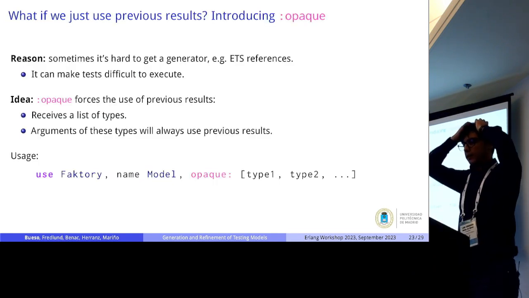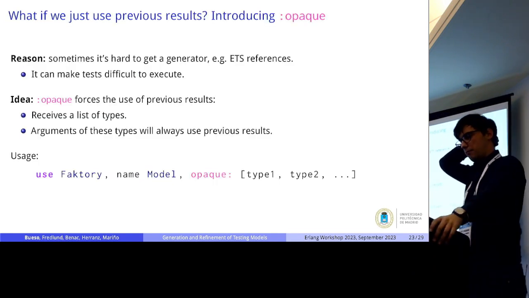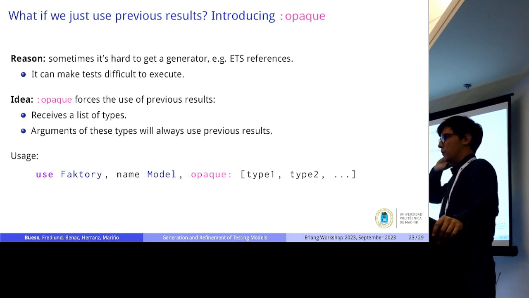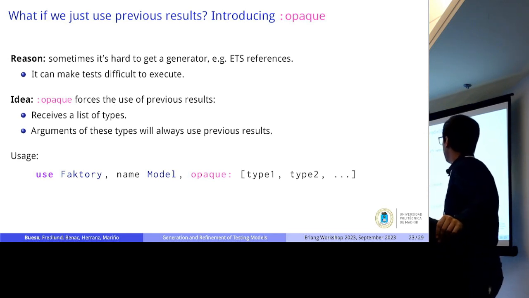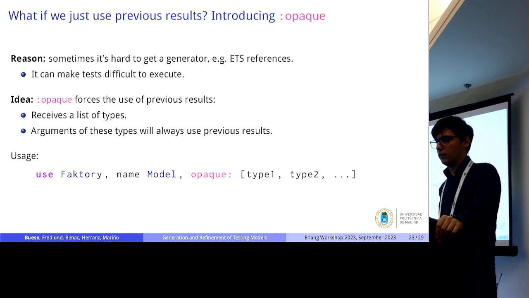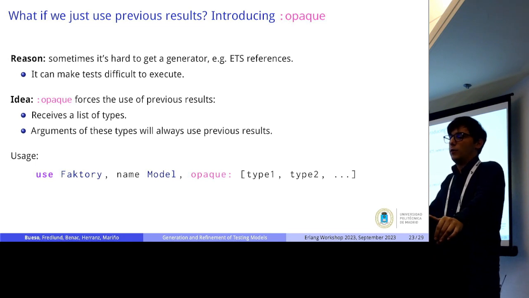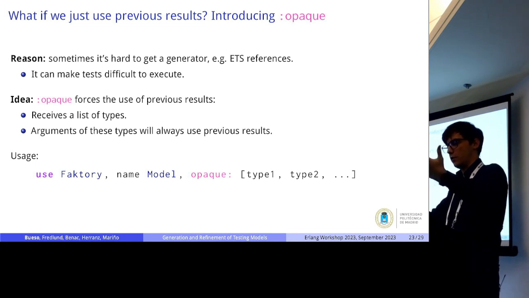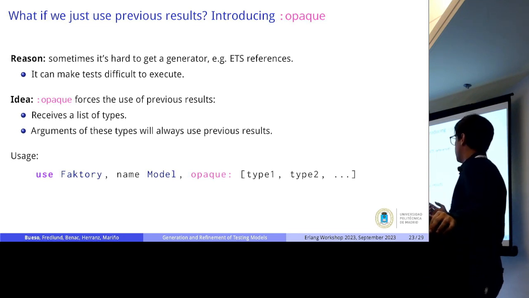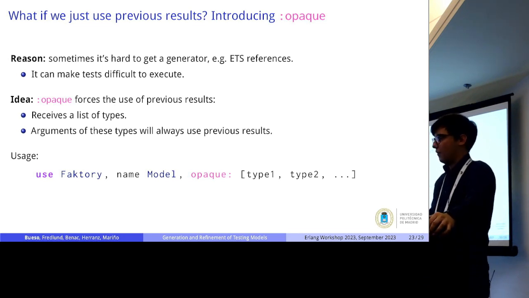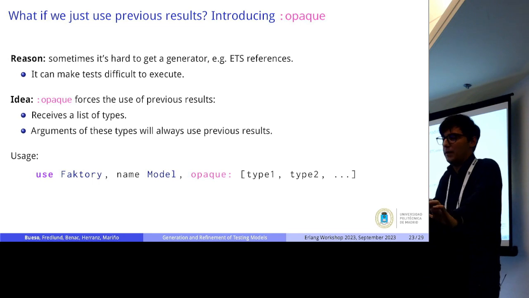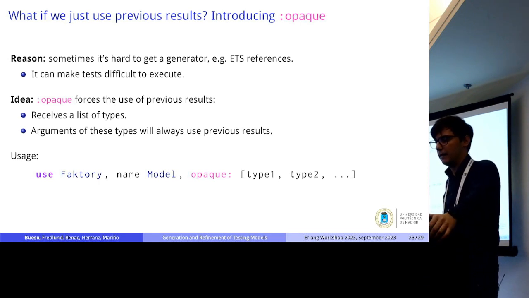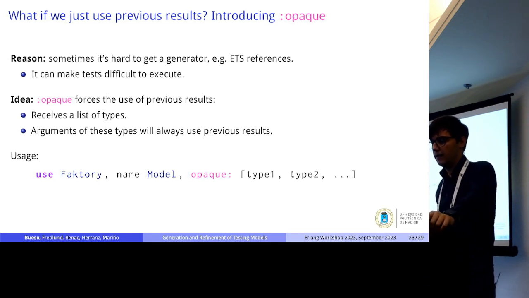But what if we just reuse previous results? So we have another option in Faktory, which we called opaque. That appeared because sometimes it's really hard to get a generator for certain types of values. For example, ETS references, which if we generate them randomly are probably not going to be valid references.